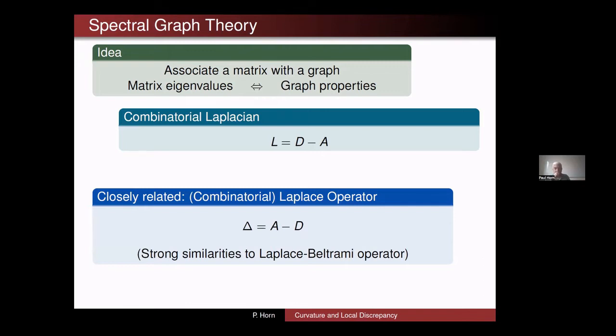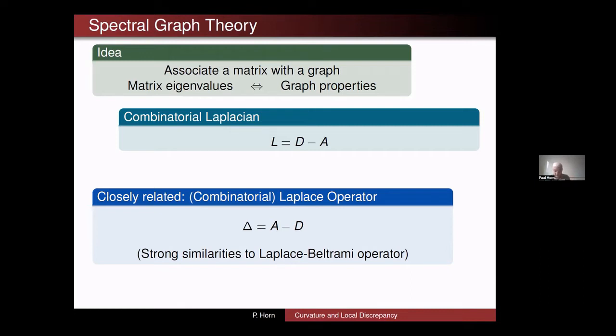And I'll mention, because I want to talk a little bit about geometry later, that this is also closely related to the combinatorial Laplace operator, which, for reasons which I will admit I don't fully understand, has a sign change between the Laplace-Beltrami operator, which is non-positive semi-definite, and the combinatorial Laplacian, which is positive semi-definite.